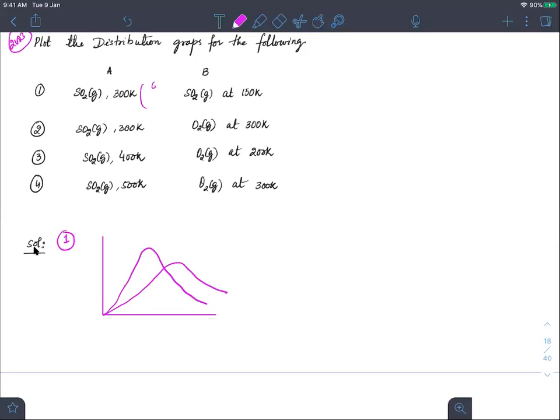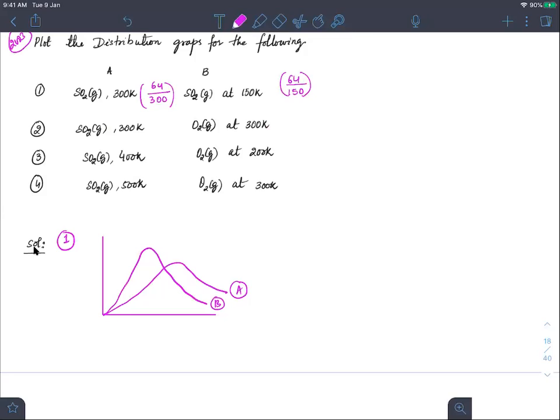M here is 64 divided by 300. Here it is 64 divided by 150. So obviously this is the more dominant value, right, everyone? So since this is the more dominant value, तो ये वाला curve B का होना चाहिए, ये वाला curve A का होना चाहिए. So this would be B and this would be A.